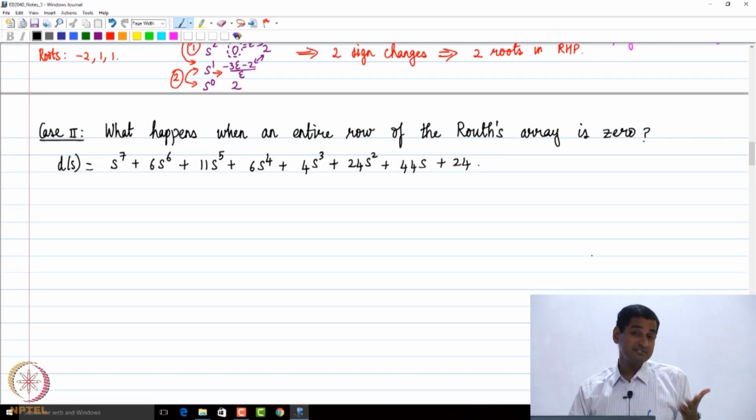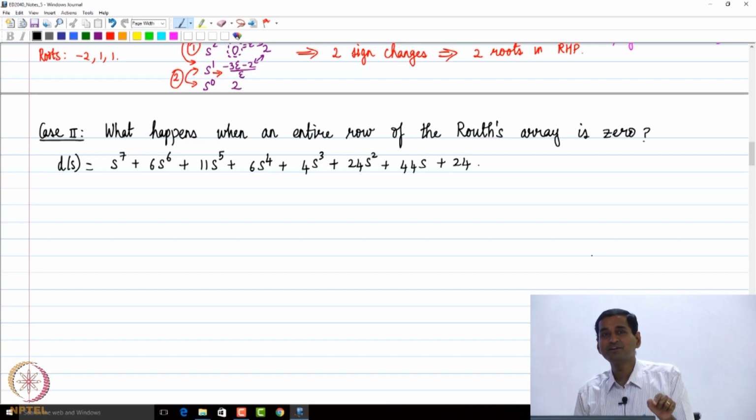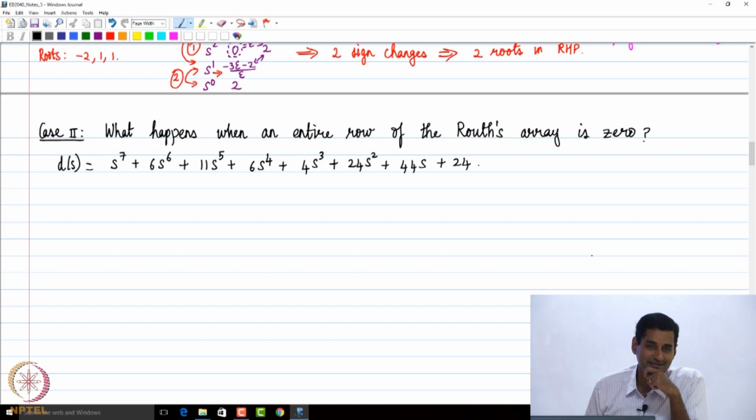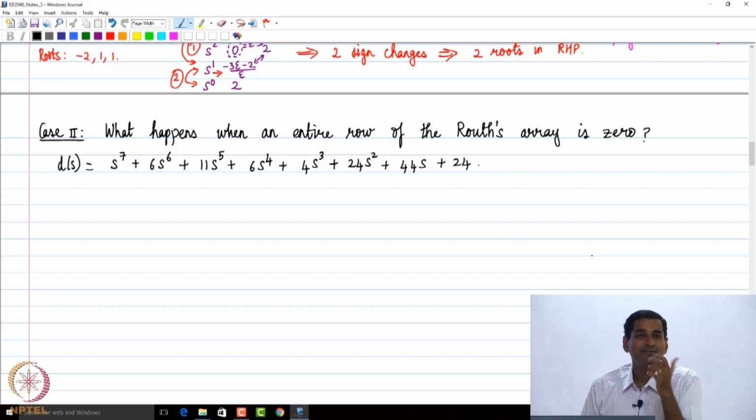Of course, I could have taken a simpler polynomial with a lot of coefficients being 0, but I purposefully constructed an example where the necessary condition is satisfied. Do you agree that all coefficients are non-zero and of the same sign? Yes. So, suppose you have a 7th order system whose transfer function denominator polynomial is this, then how do you find out whether it is stable or not?